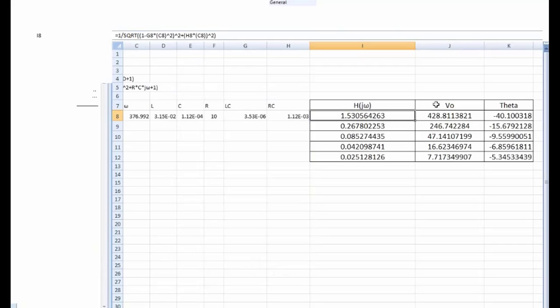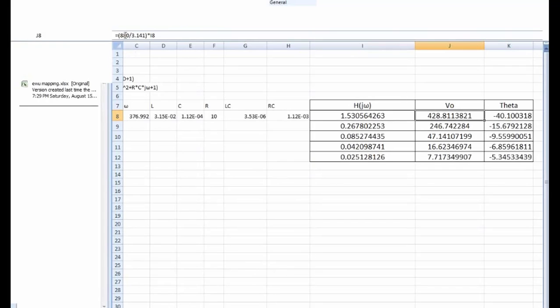So the output voltage pattern we need to find out. We know that VO equals transfer function times input voltage, right? Yes, sir. So the input was how much? 880 divided by pi for the first fundamental component, multiplied by I8. I8 means I column and 8 number row.